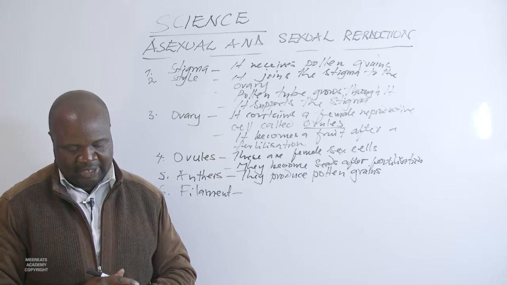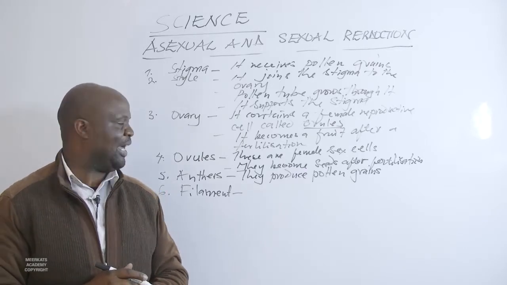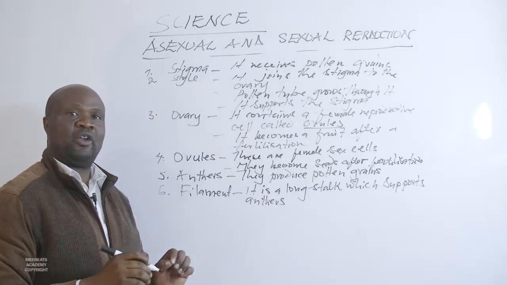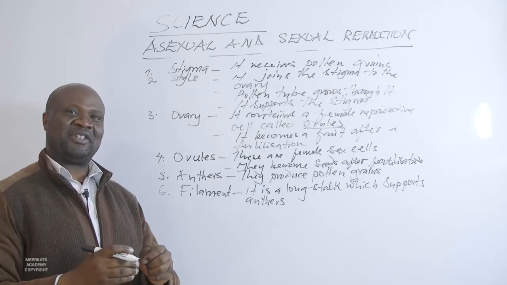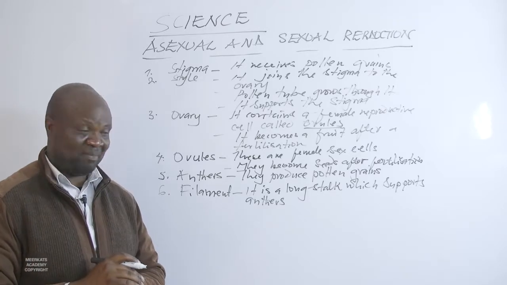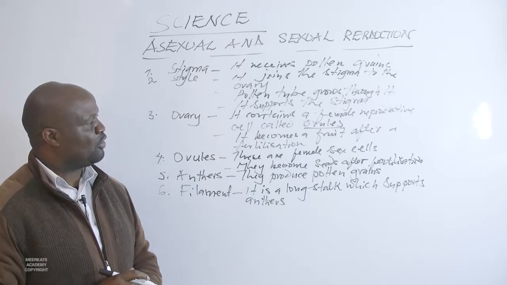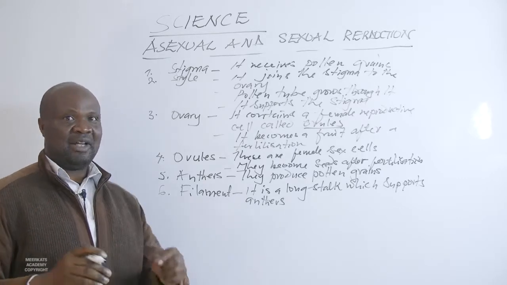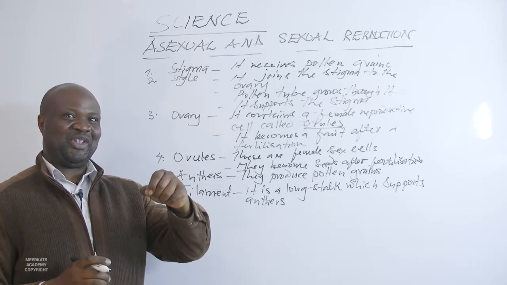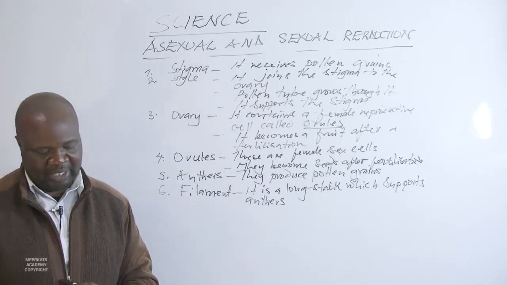The filament is a long stalk which supports the anthers. The filament and the anther are part of the stamen. When we talked about the stigma, we said the style is the stalk that supports the stigma. So the filament is a long stalk which supports the anthers.